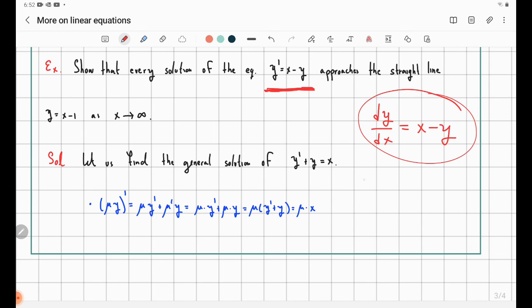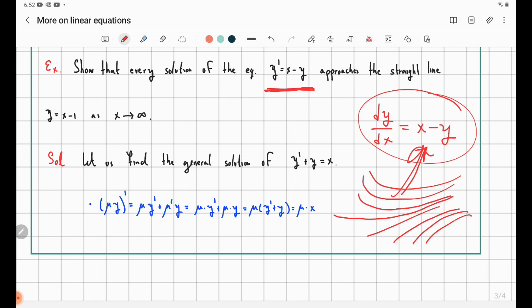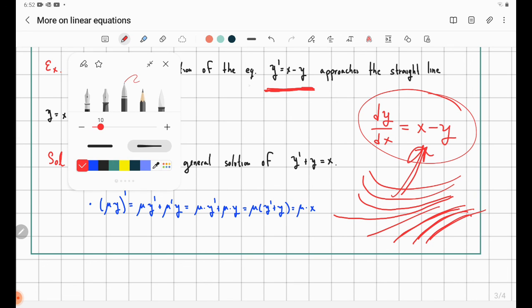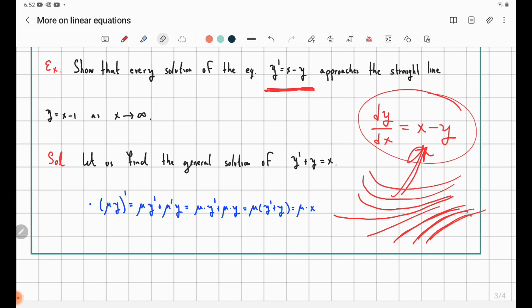So if you draw the direction field corresponding to this differential equation, then the solutions of our equation will correspond with certain curves. So we have certain directions, and if you follow those directions, then our solutions are just curves in the plane. Okay, so the question in this example is we need to show that all of these curves have the same asymptote.